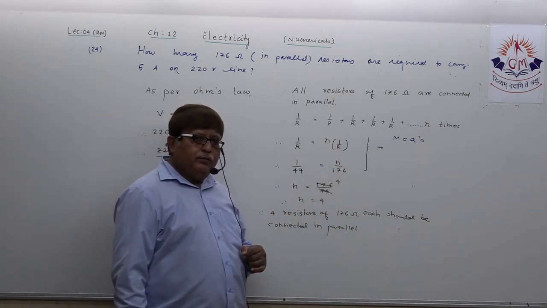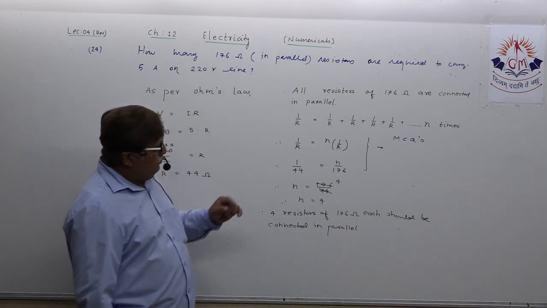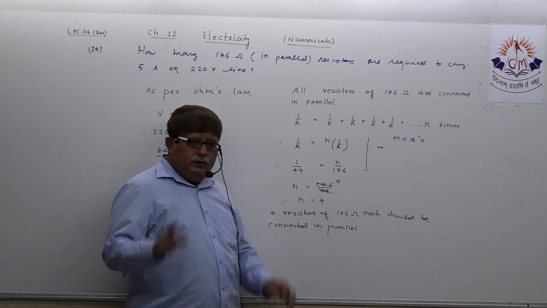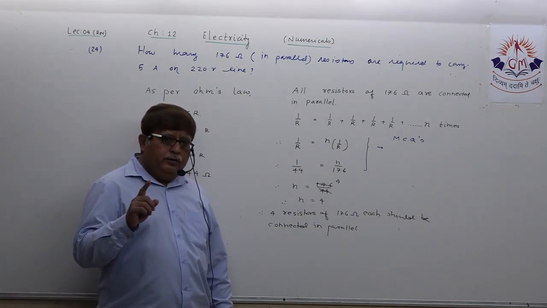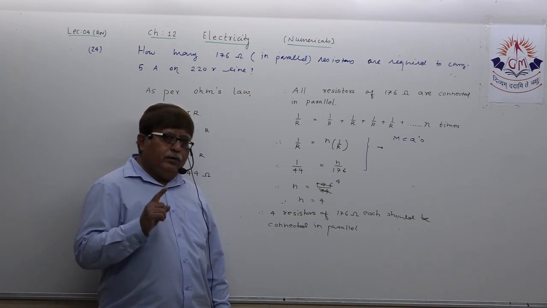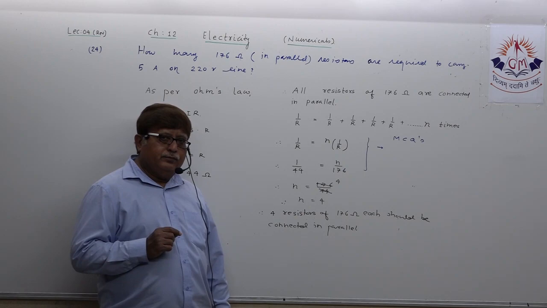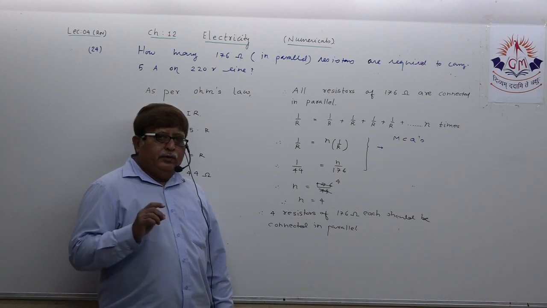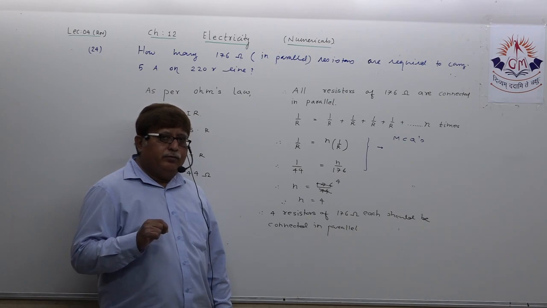Remember and understand the question: if n resistors of R ohm are connected in parallel connection, then what is the equivalent resistance of them?